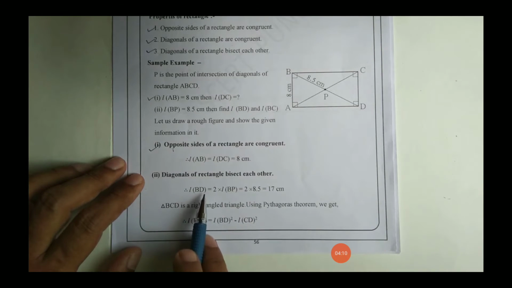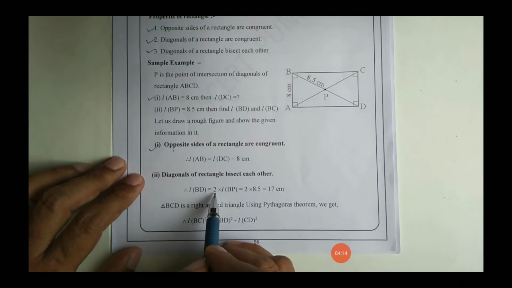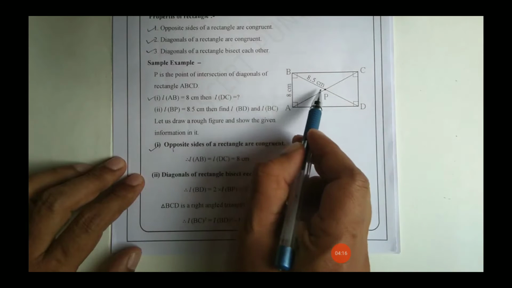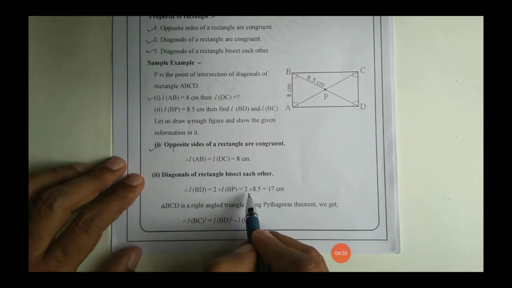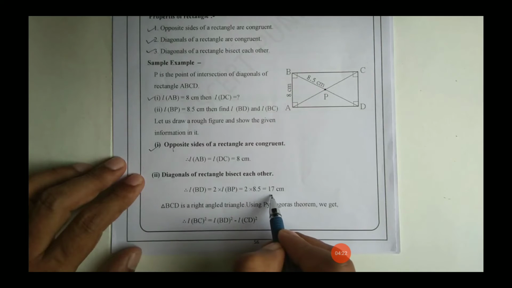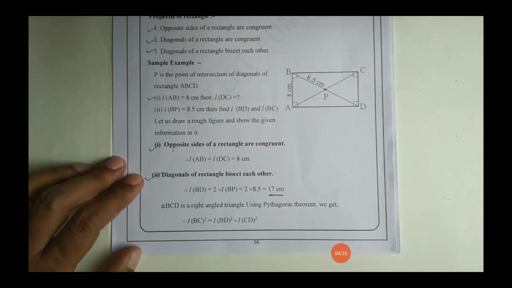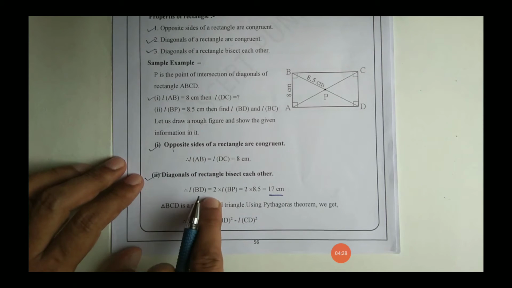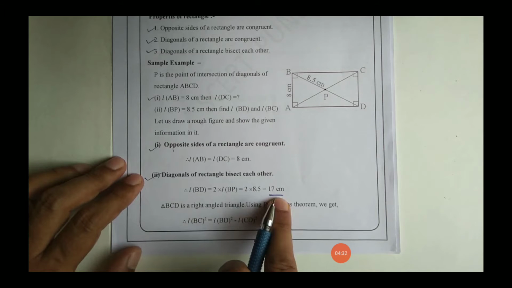Therefore the length of BD, actually that BD is the diagonal, is equal to 2 times this part BP. Therefore 2 into length BP, it is equal to 2 into 8.5 and that is 17 centimeter. So diagonals of rectangle bisect each other. Therefore this diagonal is 2 times BP. So it is 17 centimeter.